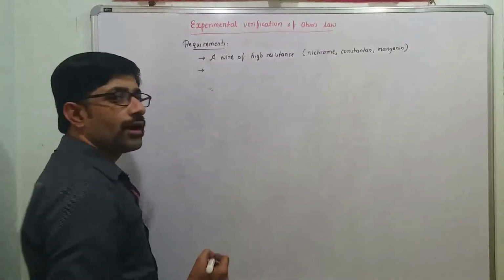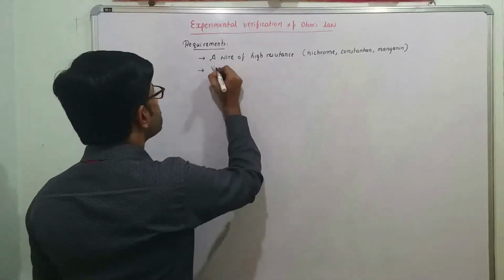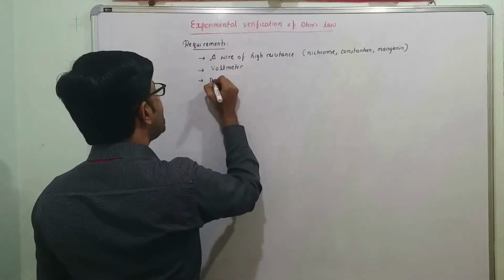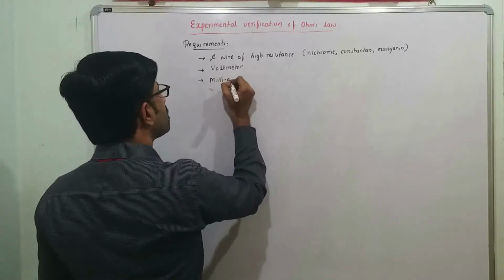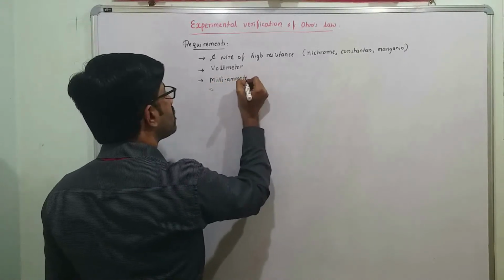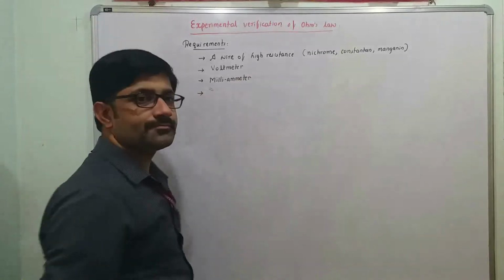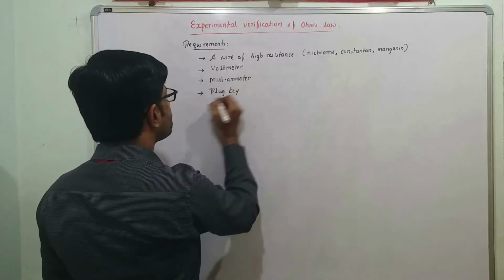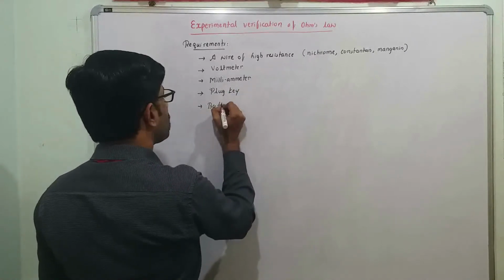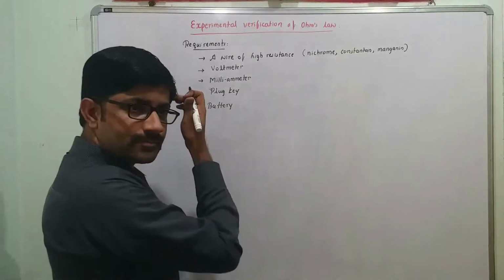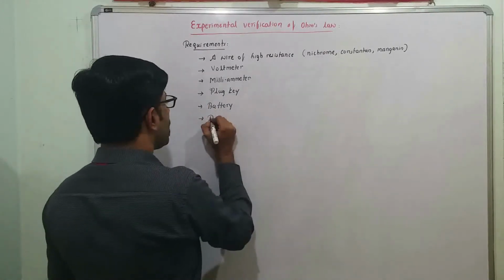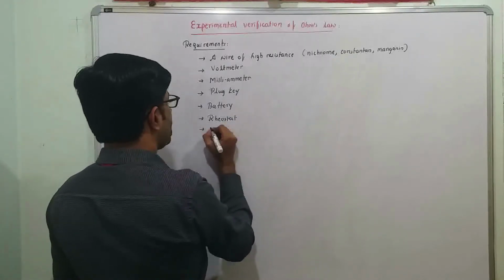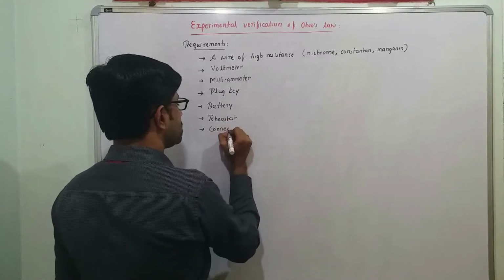Next requirement will be a voltmeter and a milliammeter, plug key, battery, rheostat as a variable resistor and connecting wires.